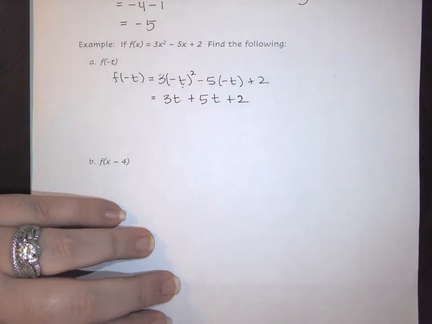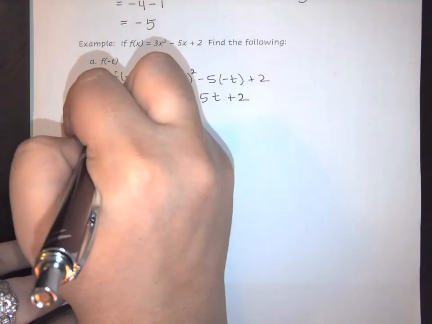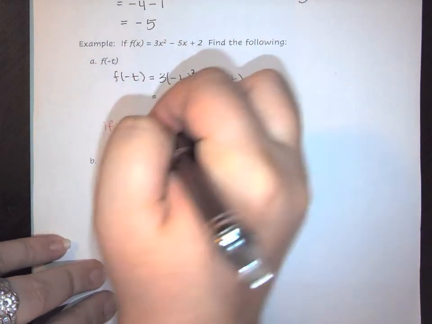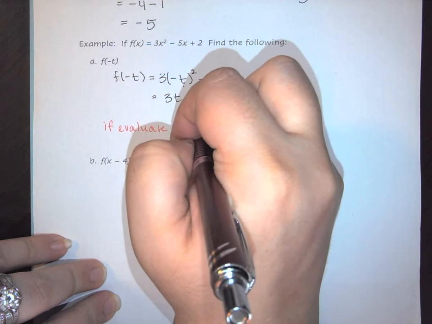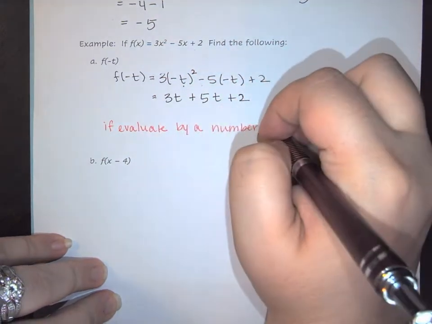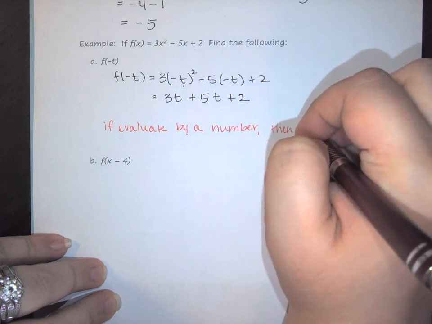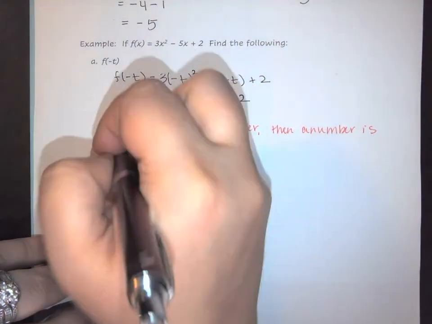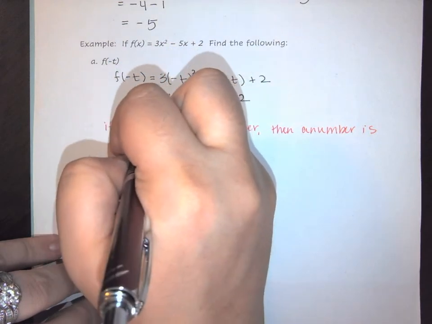So the rule that we like to use is this. If you're going to evaluate by a number, then a number is your solution.